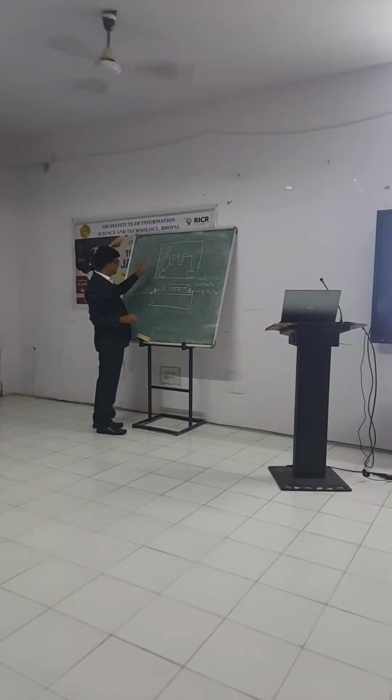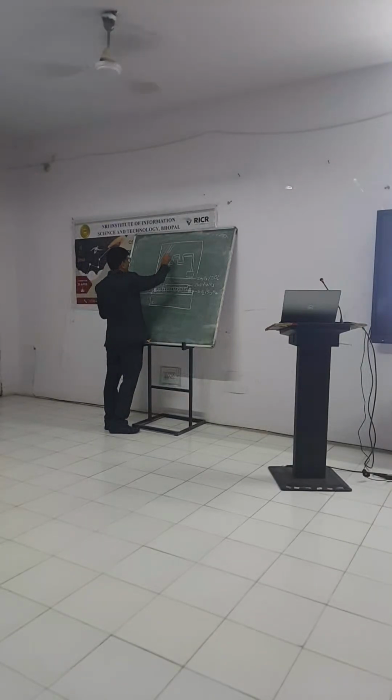Then after that, you have the deposition and patterning of your electrode. So what is your electrode? It may be here. This is the contact for your electrode.